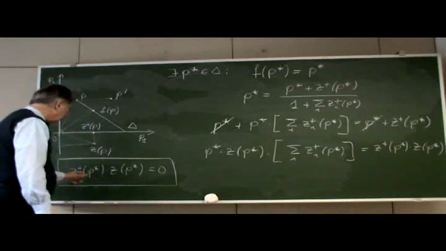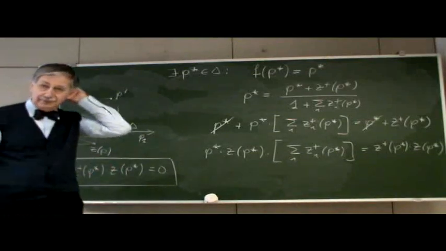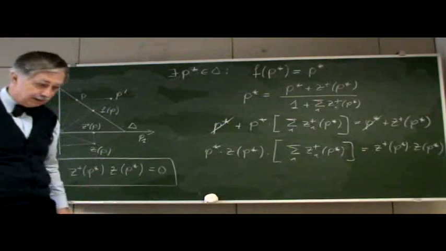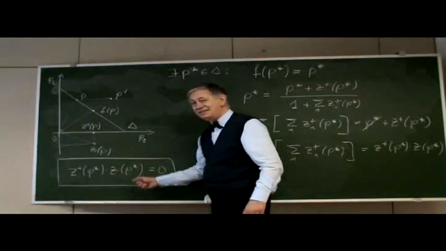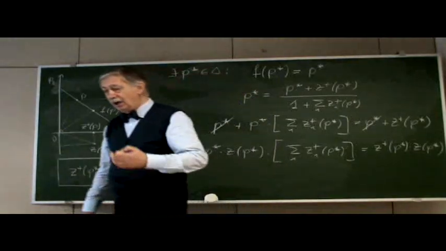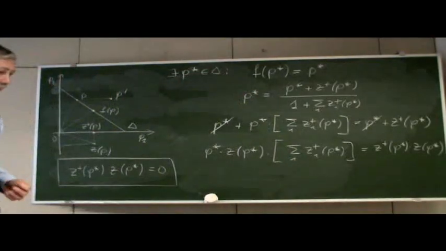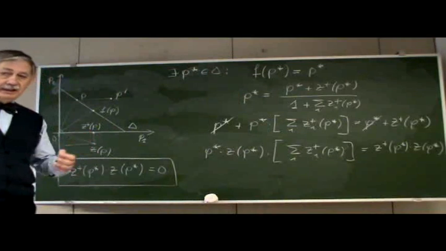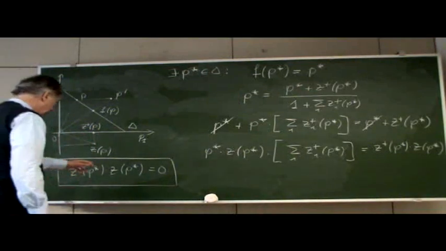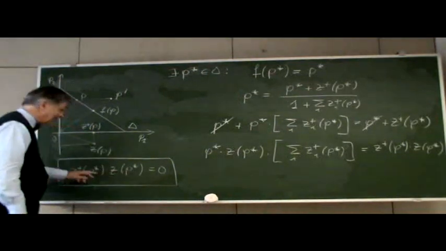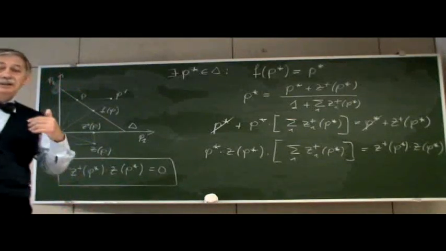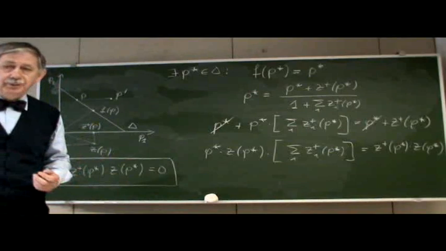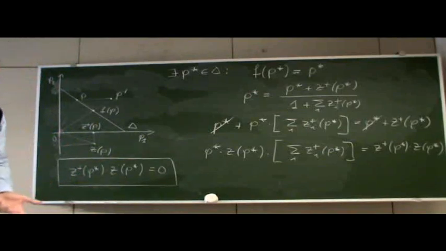And therefore, the product of two positive numbers is another positive number. For all the components negative or null in the original vector, Z plus is zero. So every negative or null component is multiplied by 0.